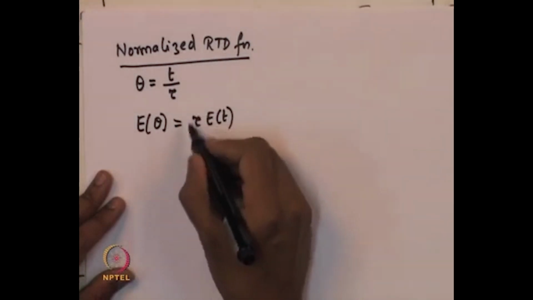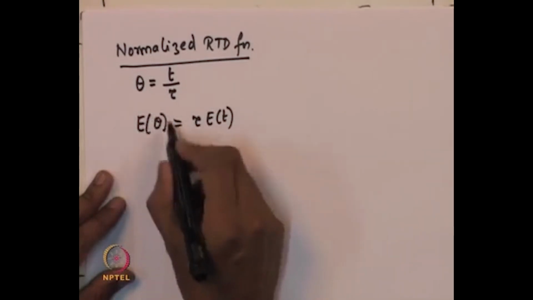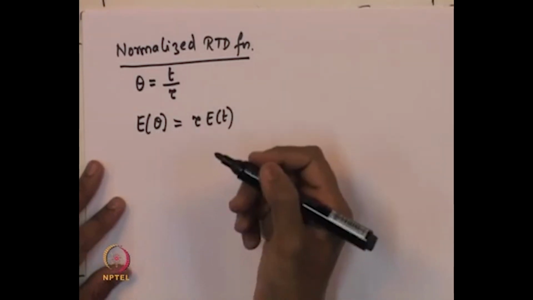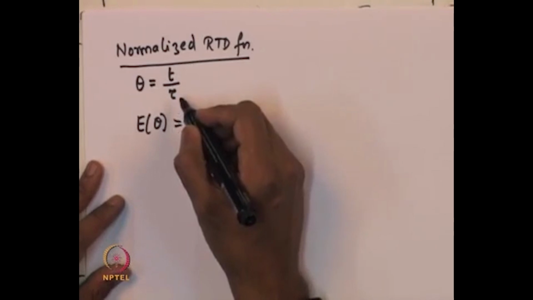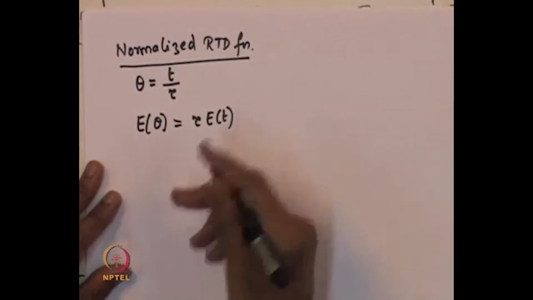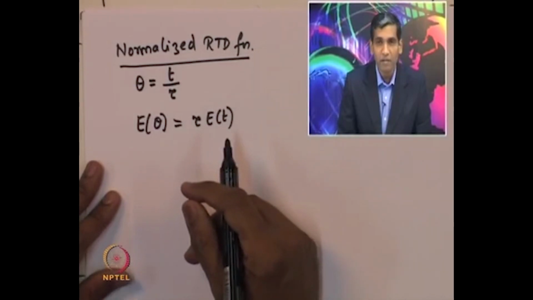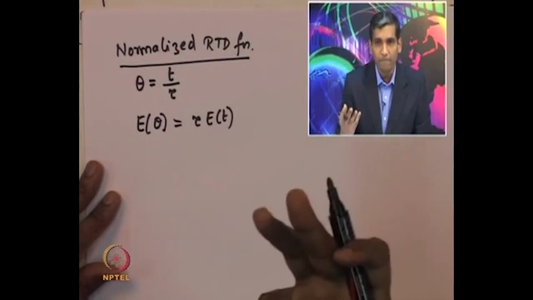So, tau, the space time, multiplied by the corresponding RTD function gives the normalized RTD function E of theta. And theta here, which is the ratio of time to tau, essentially represents the number of reactor volumes of fluid, based on the entrance condition, that have flowed through the reactor in that particular time t.